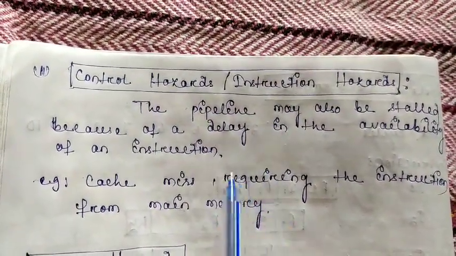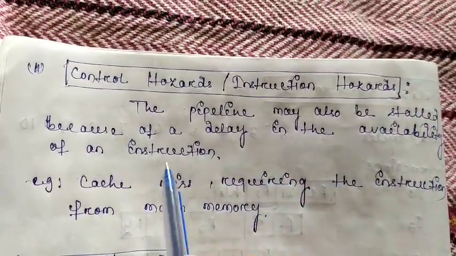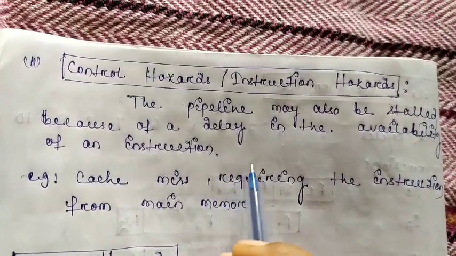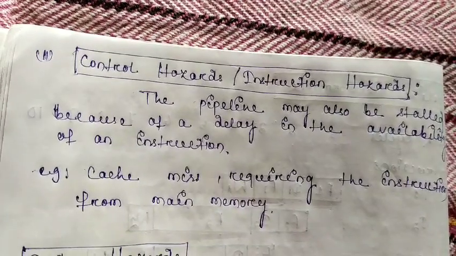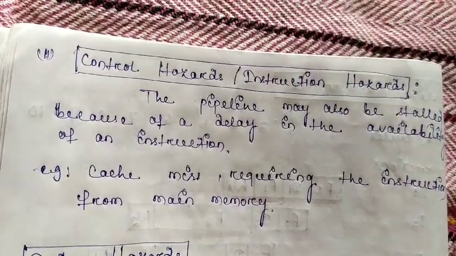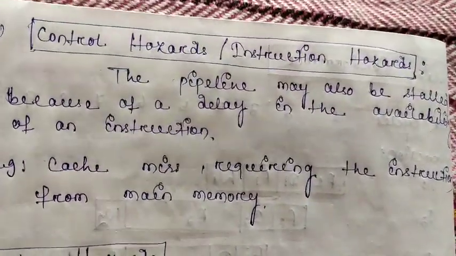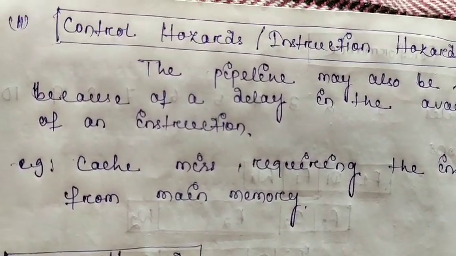Instruction hazard means the pipeline may be stalled because of a delay in the availability of an instruction. When an instruction is not available in the cache memory, it may take some more time to fetch the appropriate instruction from main memory. So that is the case of a cache miss.